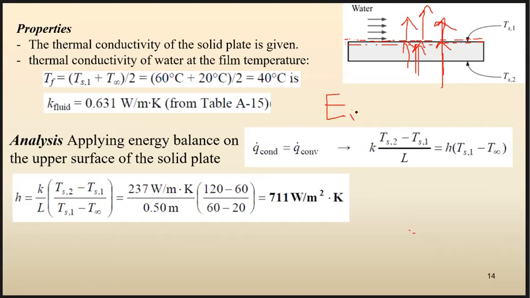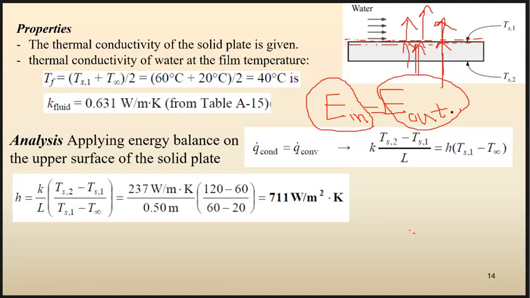So this is like I'm writing E in is equal to E out. I calculate the amount of energy toward the surface and the amount of energy that is leaving from the surface. The amount of energy inlet, its magnitude is this.